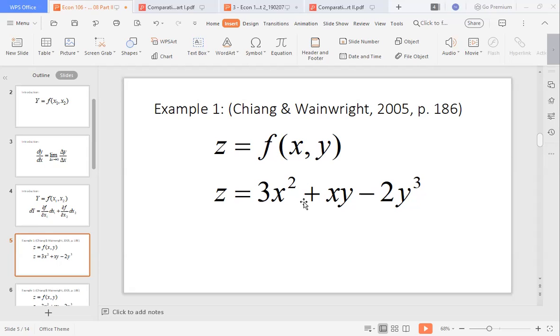So if I ask you to get the total differential, again, without solving yet, this function here, how do we get total differential of z? Okay, so how about other hands, class? How do we get total differential here? Jacinto?